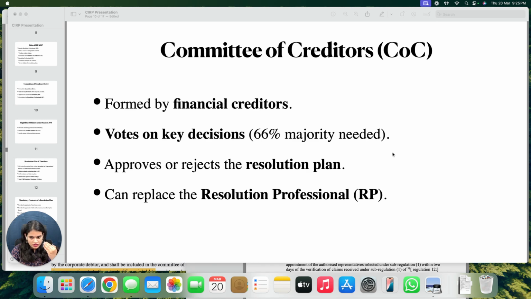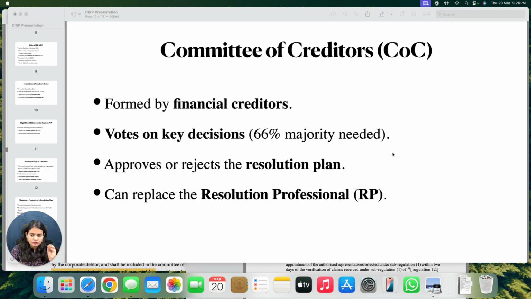Once the discussion is done, the IRP or the RP creates a voting sheet and seeks votes from the committee of creditors. Voting can either take place in the meeting itself or subsequent to the meeting. The voting sheet will be shared, and the votes may be received at a later point, as decided by the members of the committee.